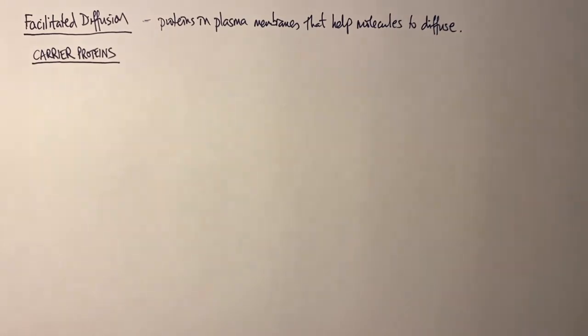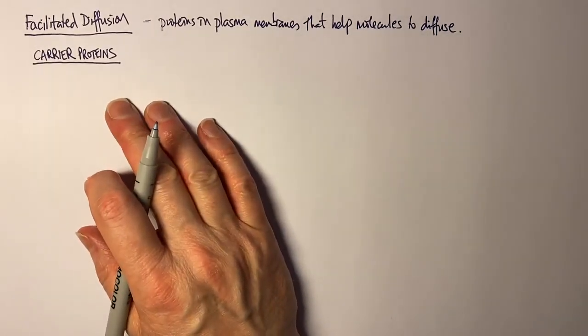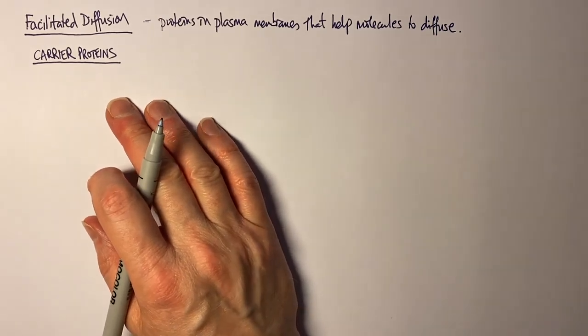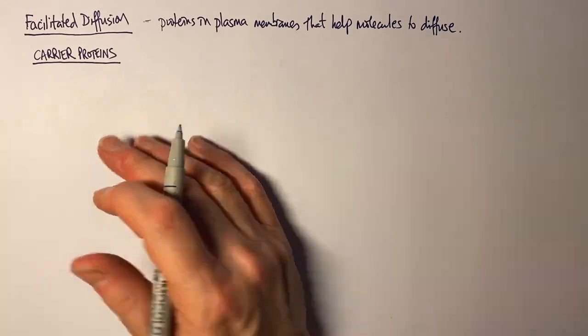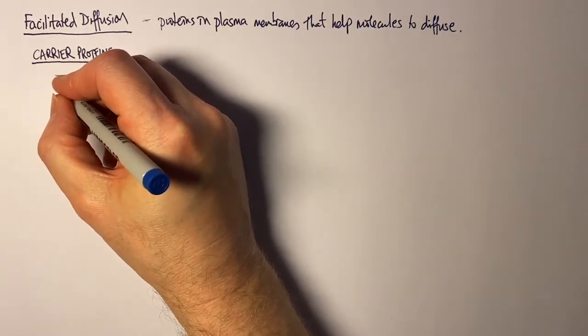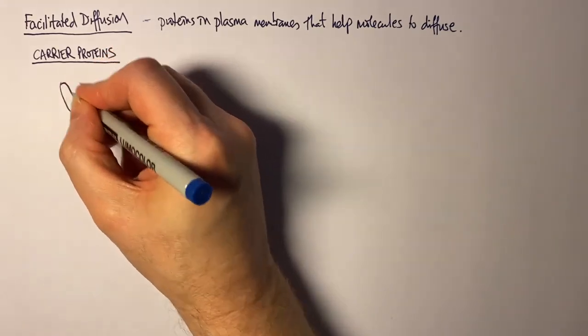Now, carrier proteins are proteins that span across the membrane and they react to the presence of a specific molecule. So if we have a protein, it might look a little bit like this.